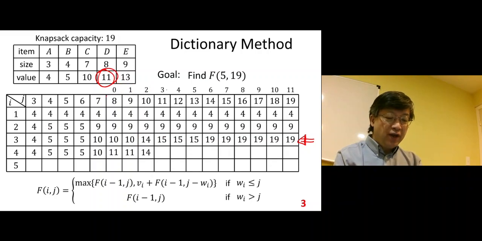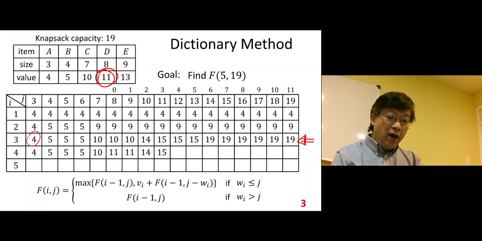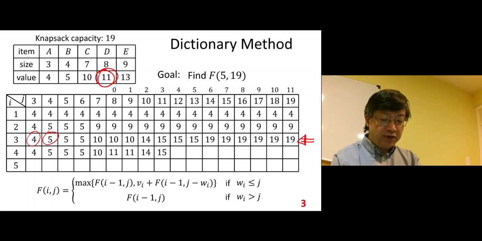Next one, this one, 3. Under 3, we have 4. 4 plus 11, 15. 15, same as that, so it's okay, we use 15. Next, 4, row 3, we get a 5. 5 plus 11, 16. 16 better than 15, so we use 16.